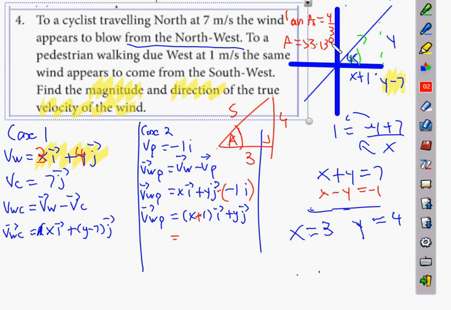What about 53 degrees north of east? Okay, so it's 53.13 degrees north of east. Or what would be another way of writing it? East 53.13 degrees north. Okay, lads.